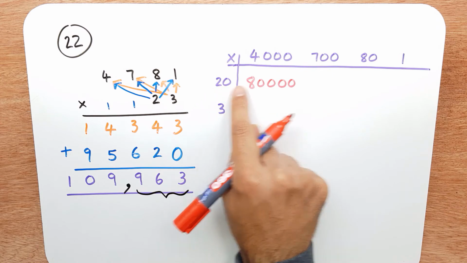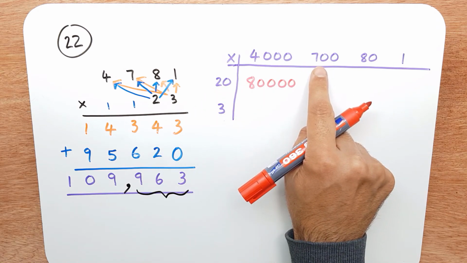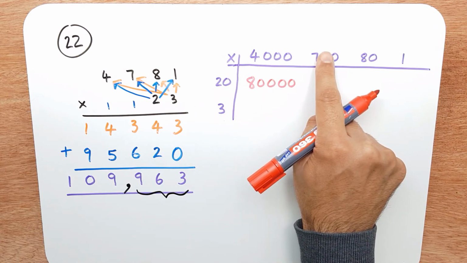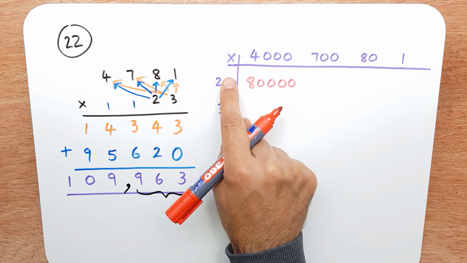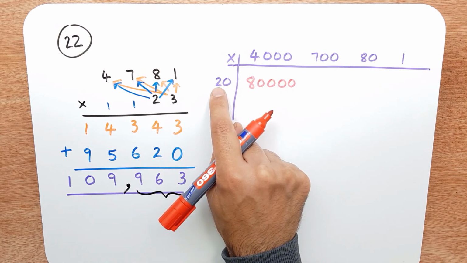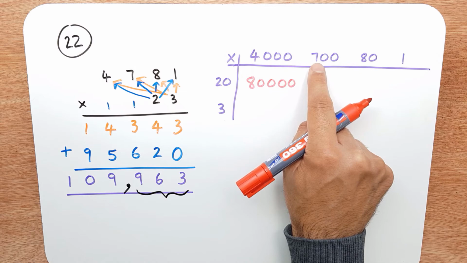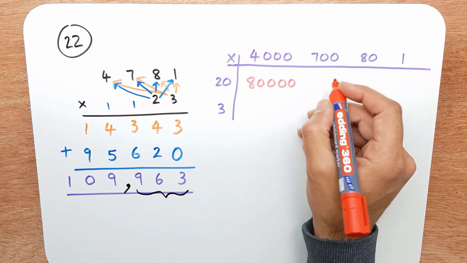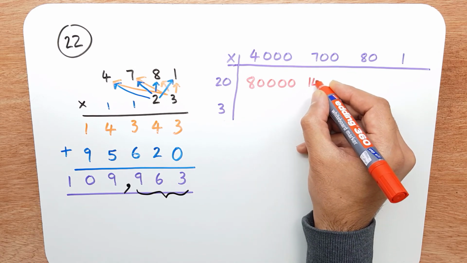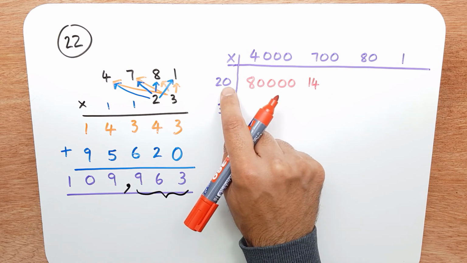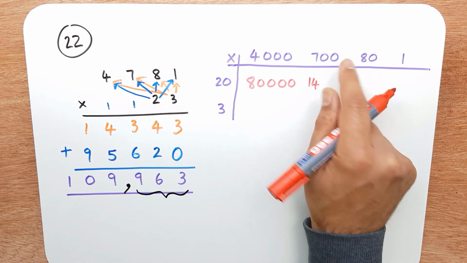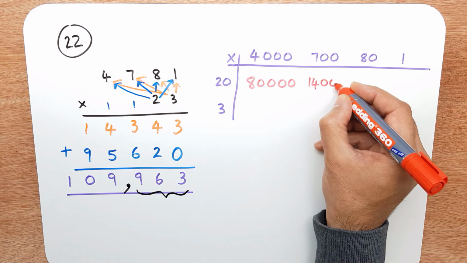Now I do 20 times 700. As before, I hide these 3 zeros and I have 2 times 7, and 2 times 7 is 14, and then I return these 3 zeros.